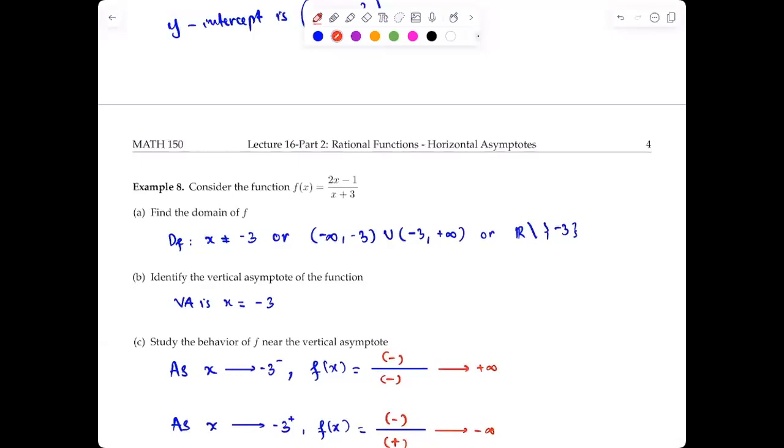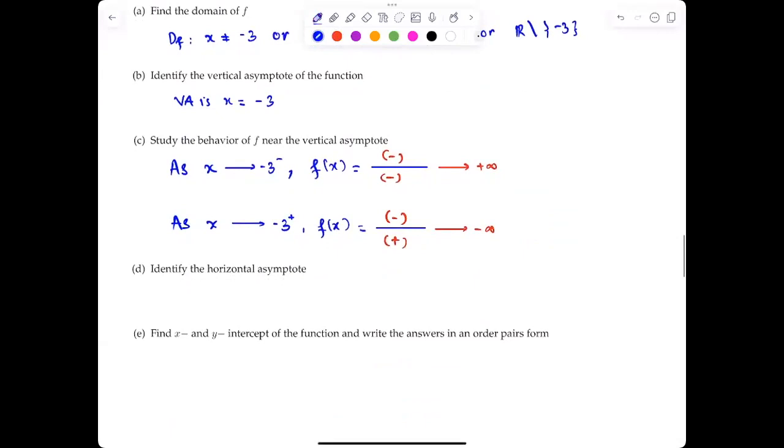The degree on the numerator is 1, and the degree in the denominator is also 1. So they are equal. So the horizontal asymptote is equal to the ratio of the leading coefficients.